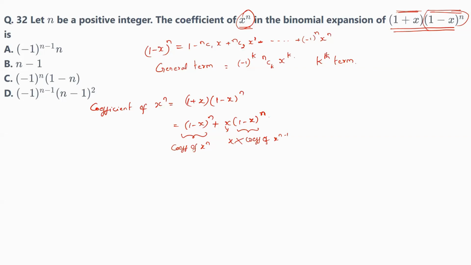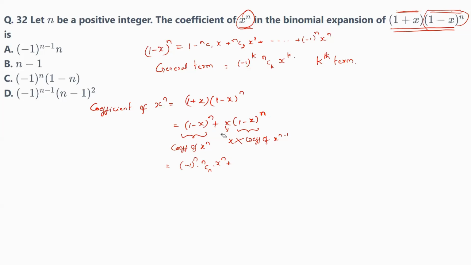So this is the thing you should notice. So from here, what you will get? You will get (-1)^n into nCn into x power n plus what is the coefficient? x does not have anything here. Otherwise, we will multiply that, right?